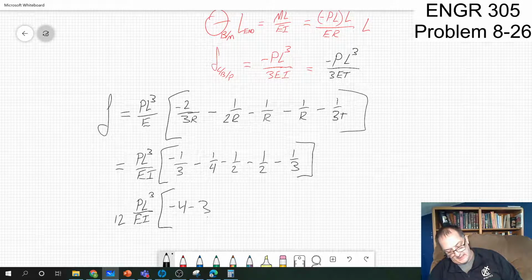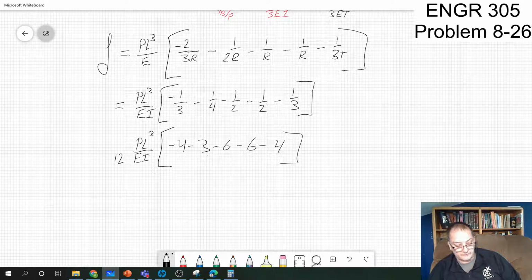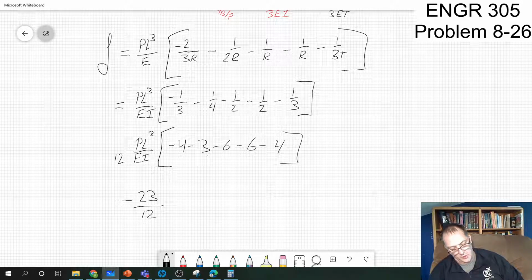Minus 4, minus 3, minus 6, minus 6, minus 4. That's 7 and 12 is 19 is 23 twelfths. Minus 23 twelfths PL cubed over EI is equal to delta.